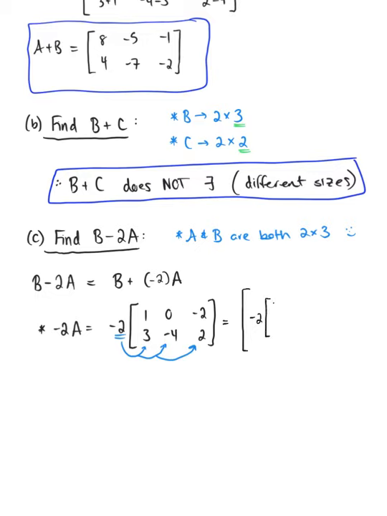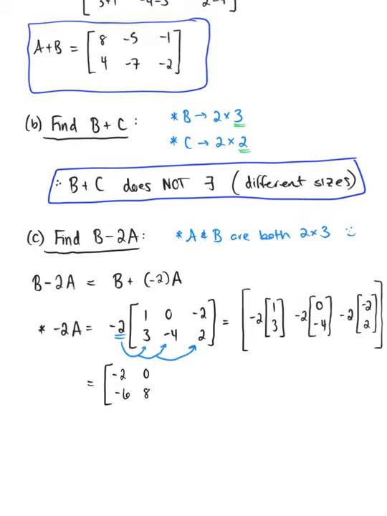So we have negative 2 times the first column vector, 1, 3. Then we have negative 2 times the second column vector, 0, negative 4. And then negative 2 multiplied by that third column vector, negative 2, 2. And distributing that scalar multiple through, we are left with the 2 by 3 matrix whose first column vector is negative 2, negative 6, whose second column vector is 0, positive 8, and whose third column vector is 4, negative 4.